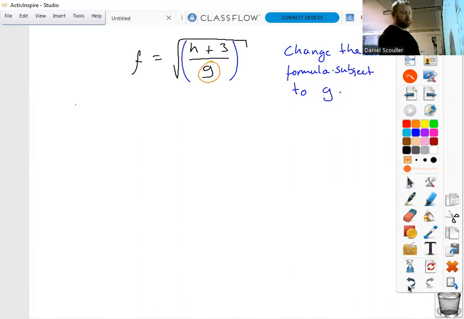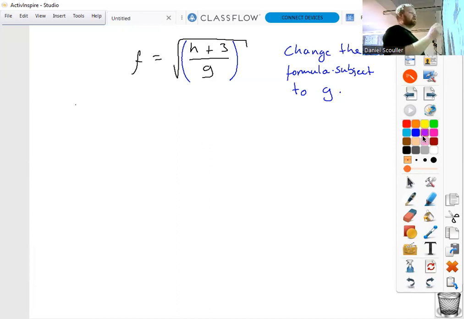What we need to do when we're trying to change the formula is try to isolate that by removing all the noise around it. Now we need to do that in a specific order.